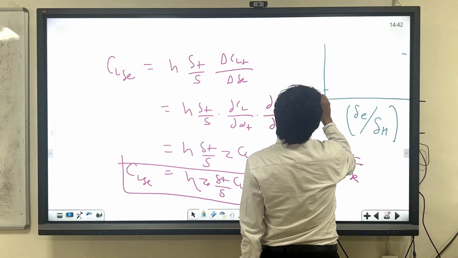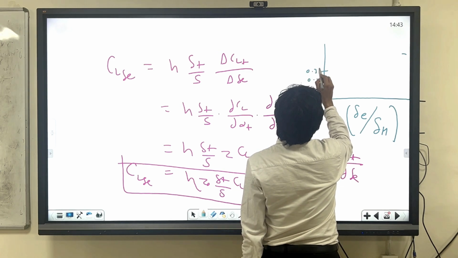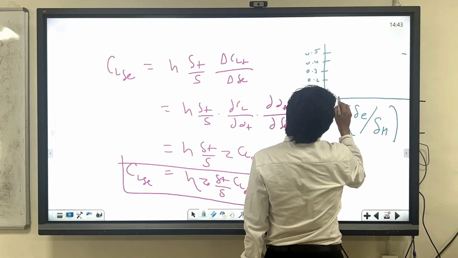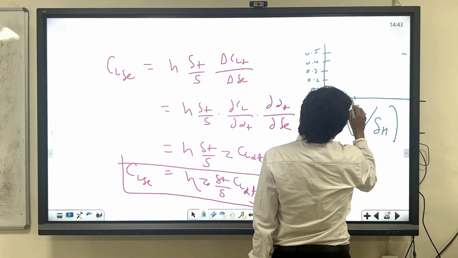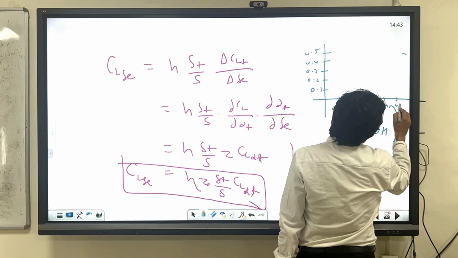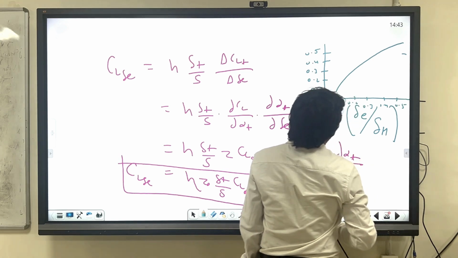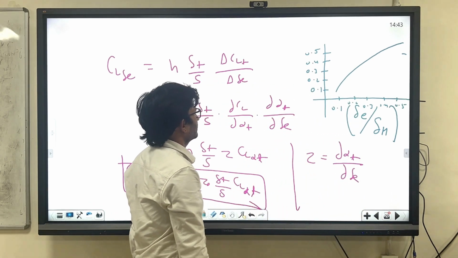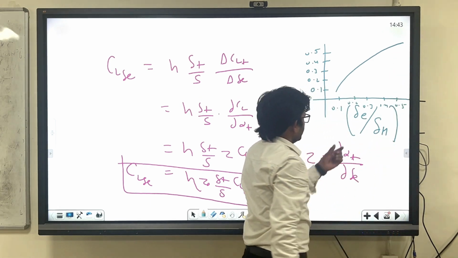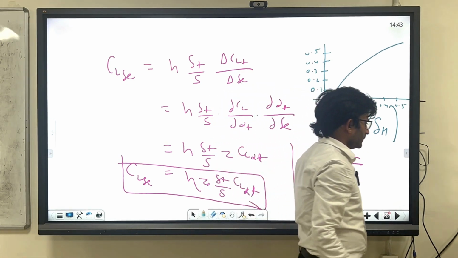So you can mark 0.1, 0.2, 0.3, 0.4, 0.5, and here also 0.1, 0.2, 0.3, 0.4, 0.5. So roughly you will have this kind of graph where, based on the control surface area by lifting area, you can find out the value of tau.